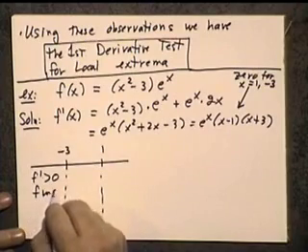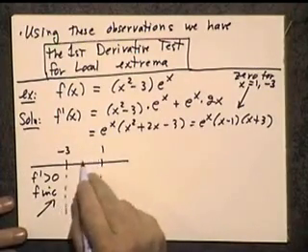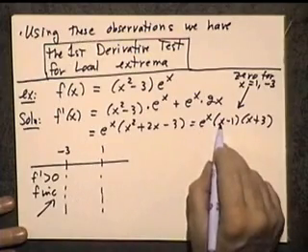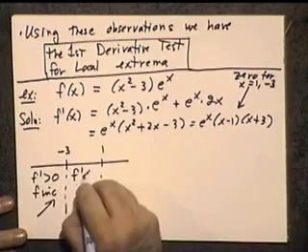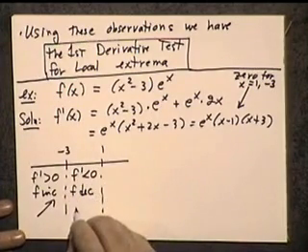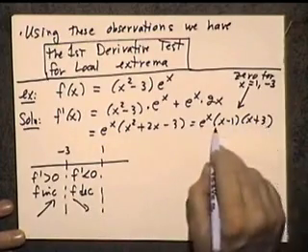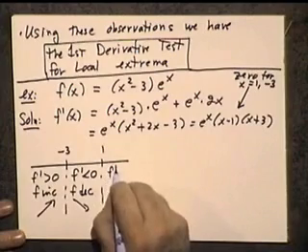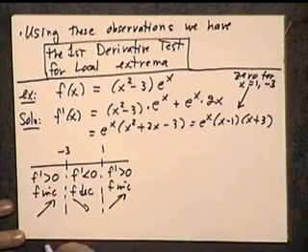That means the original function is increasing, which means we're going up. Here between -3 and 1 is a nice number, 0. Putting 0 in here, we get a negative times a positive. That makes this negative. So the derivative is negative, which tells me the original function is decreasing or going down. And then if we put a million in here, we see that this is going to be positive. So the derivative is positive, the function is increasing, and then goes up like that.